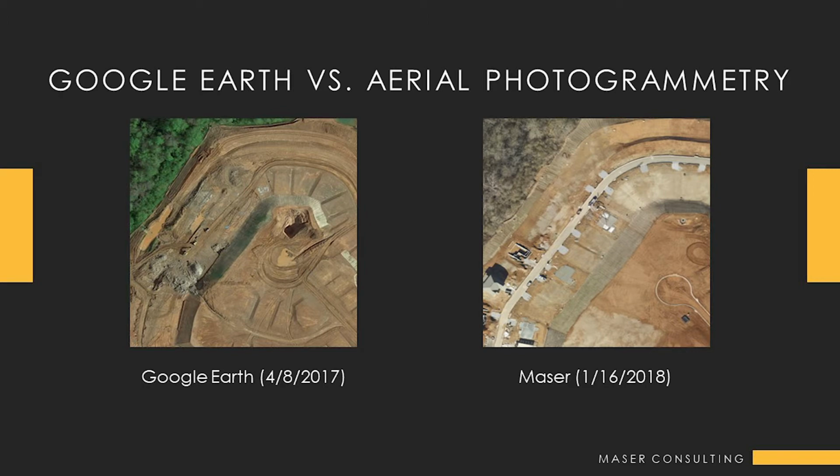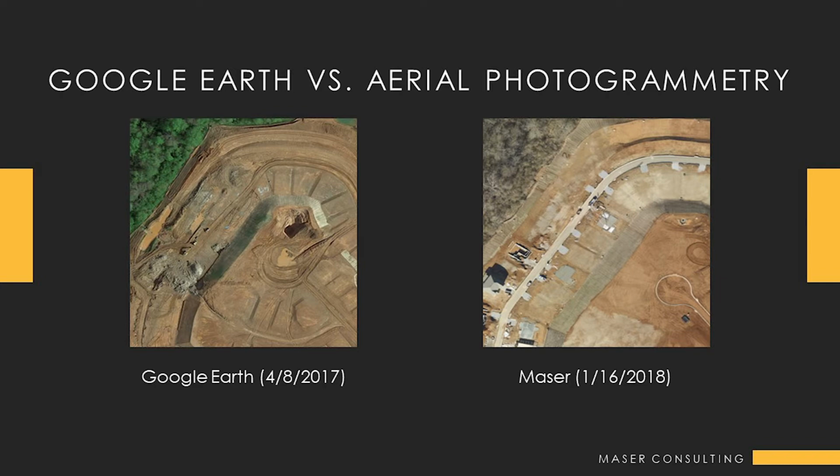So I mentioned before the manned aircraft that has the ability to carry both the RGB and the LiDAR sensor simultaneously. Case in point here, why that is advantageous is things often change pretty quickly out there. I know a lot of companies use Google Earth for planning, but like I said, things can change quickly, as this slide shows.